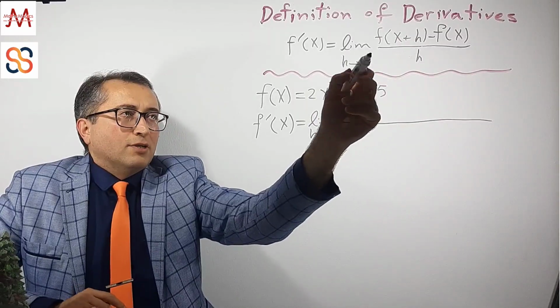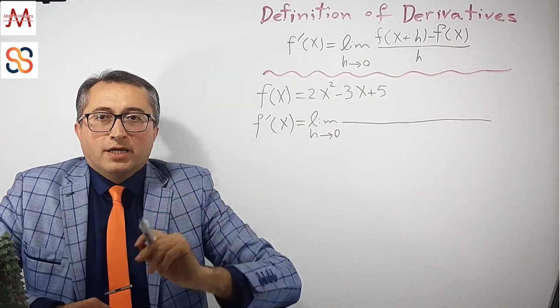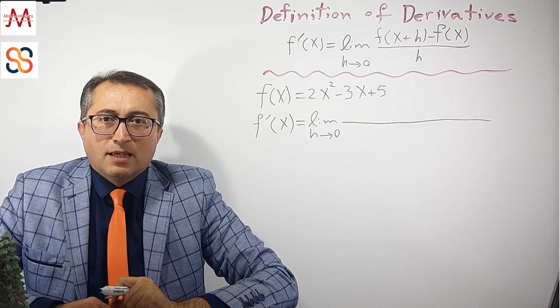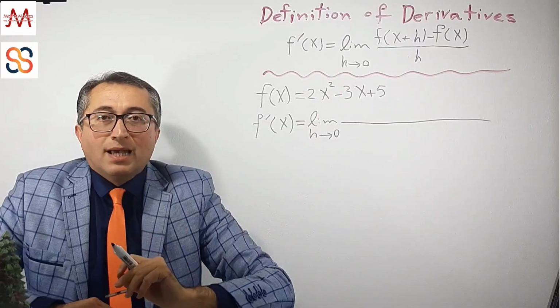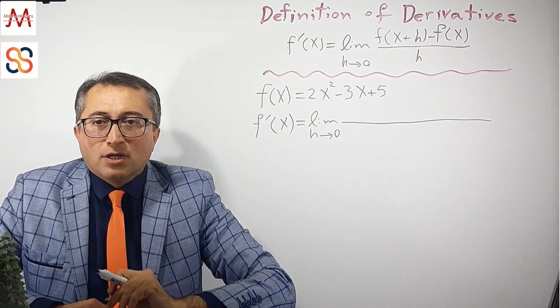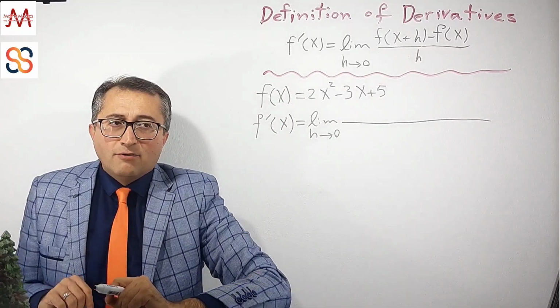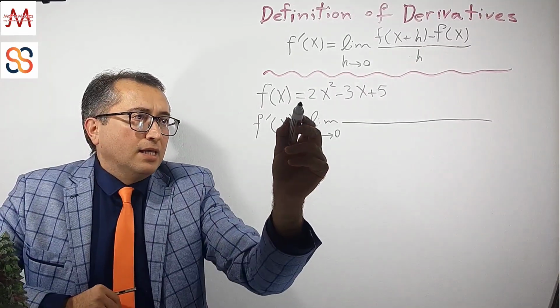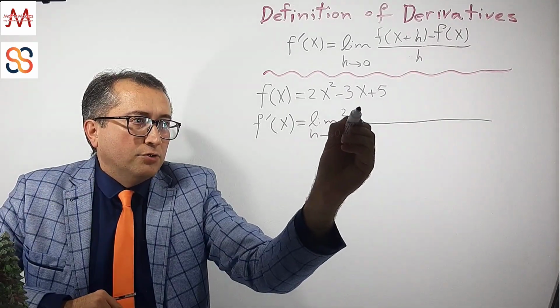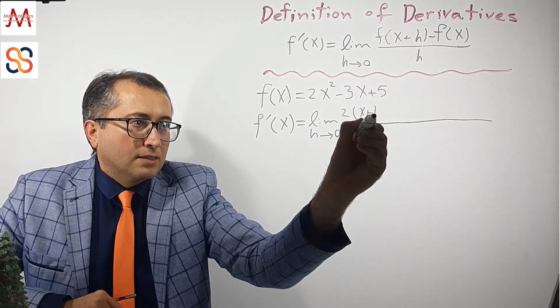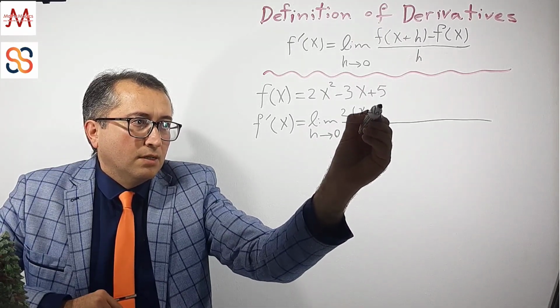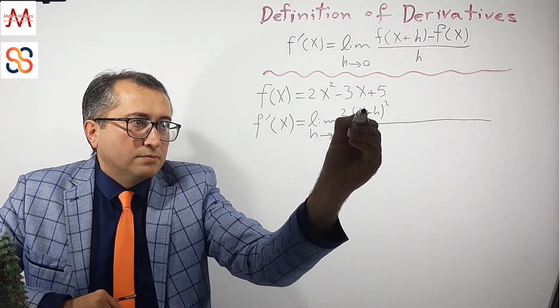Here, for the first term in the numerator, f of x plus h, we have to place x plus h in the original function instead of x. It means that here we have 2 times x plus h squared.